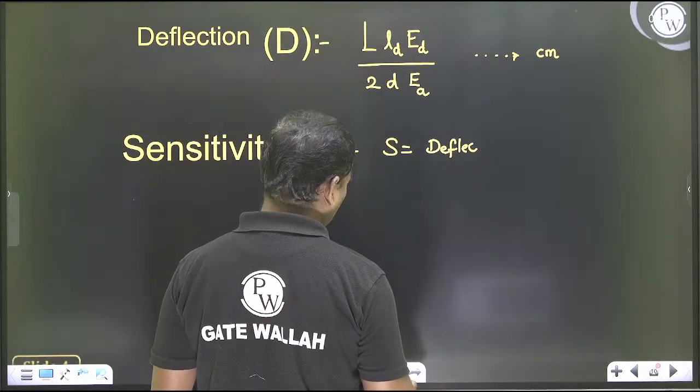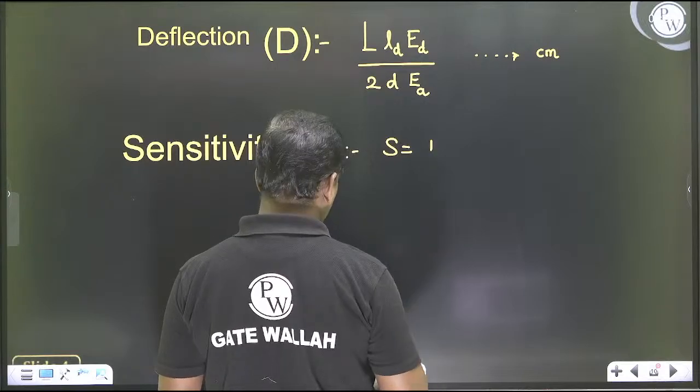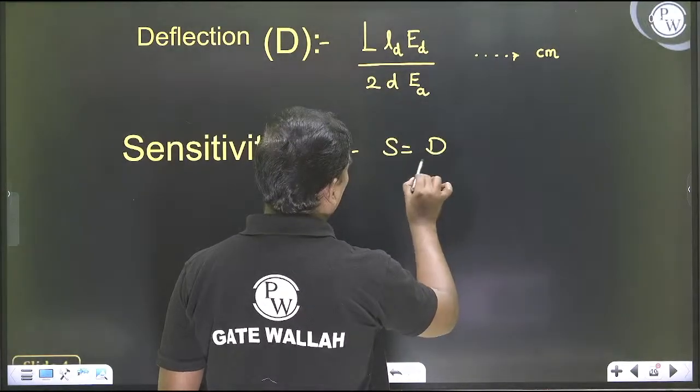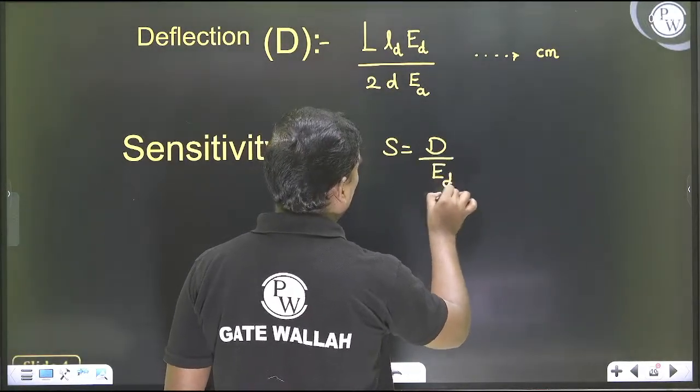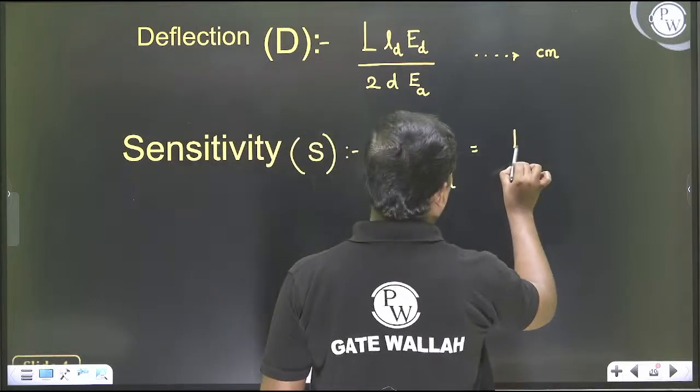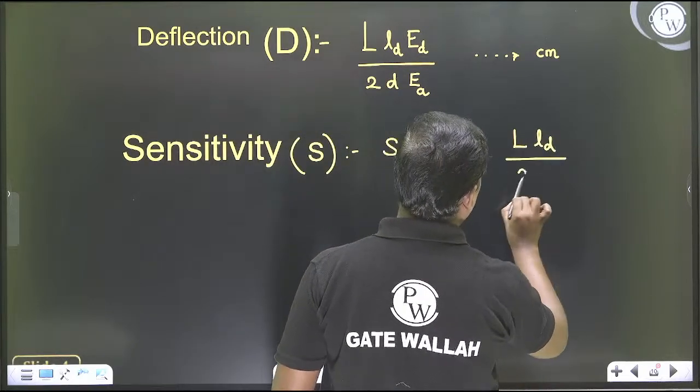So I can take this as D by ED. Output is deflection, input is the deflection plate's voltage, D by ED. So then the formula will be L LD by 2d EA.